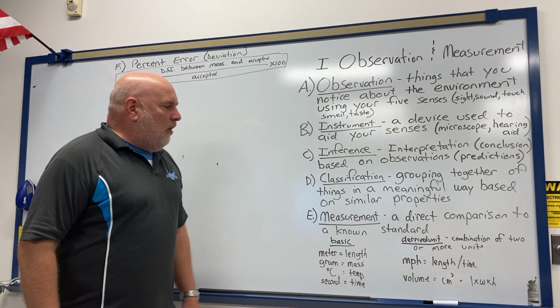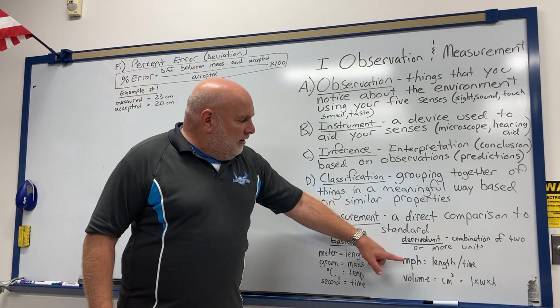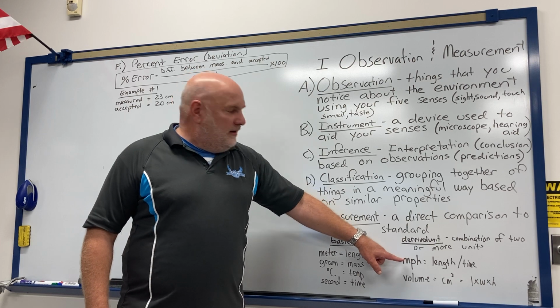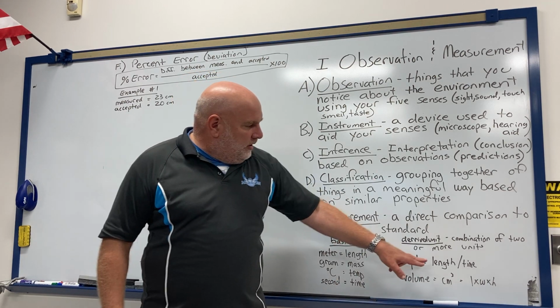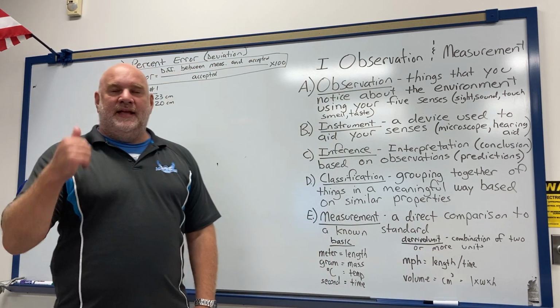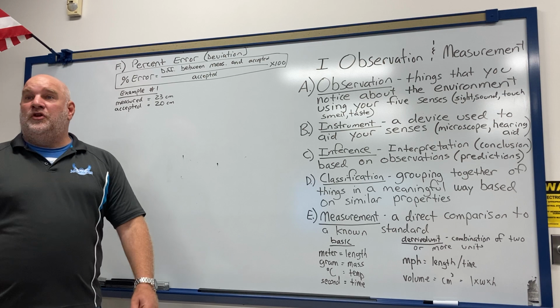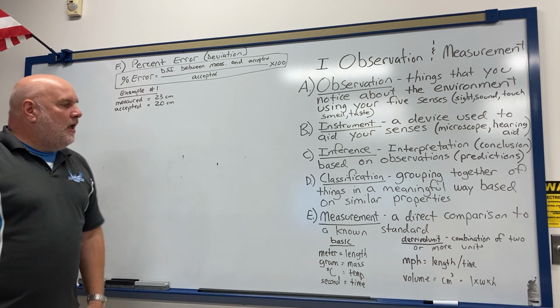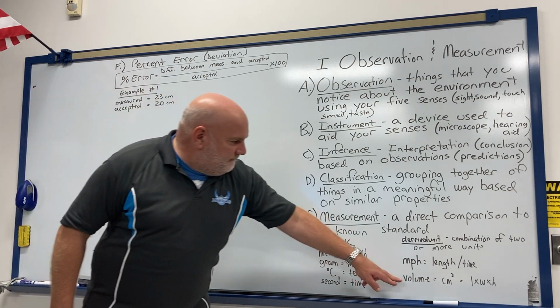Think about what miles per hour means. Miles, which is a length unit, divided by hour, which is a time unit. So it's length divided by time. You're taking a length unit and a time unit, putting them together to come up with a unit for speed, miles per hour.